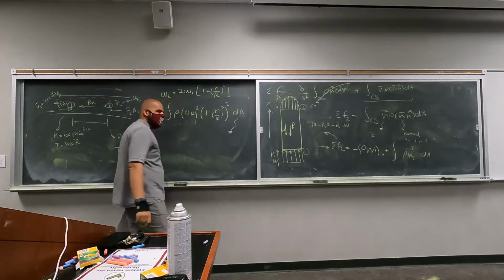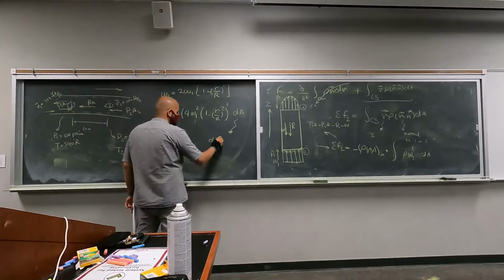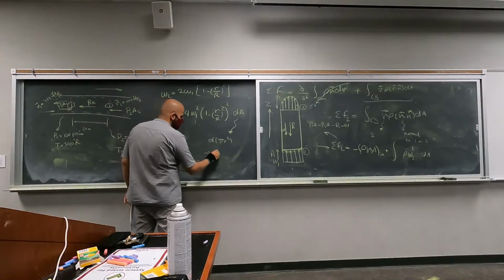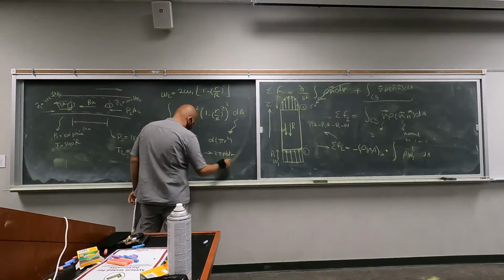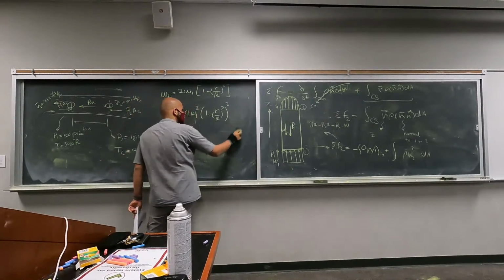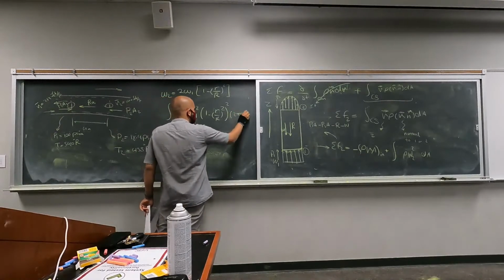That was dA of a circle, the derivative of pi r squared, or 2 pi r dr. So I'm going to replace this with 2 pi r dr.